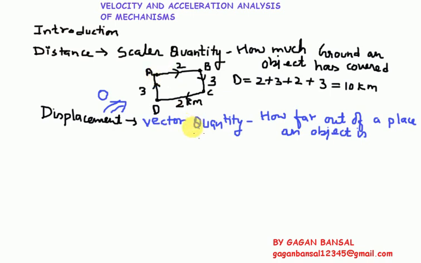Also, as it is a vector quantity, AB and CD are equal and opposite, they cancel each other. In the same way, AD and BC cancel each other, and overall displacement is 0.